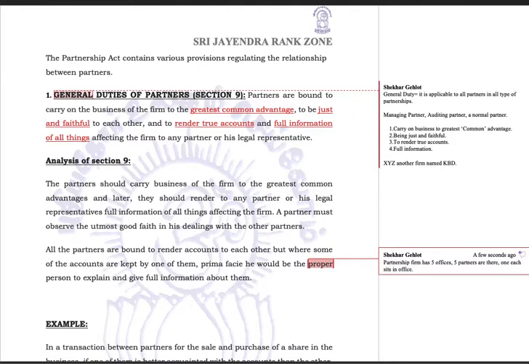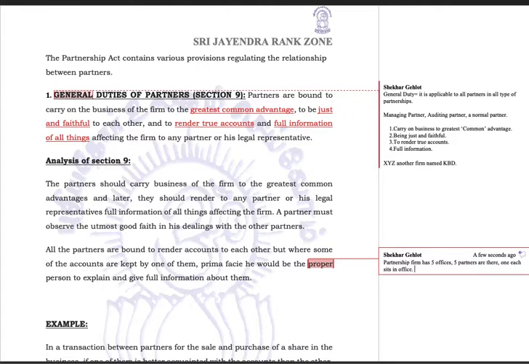Now there are 5 offices for a partnership firm and 5 partners are there. So every partner is sitting in one office each. So now you cannot keep accounts in all the offices. Definitely you will keep all the accounts of the partnership in one office.